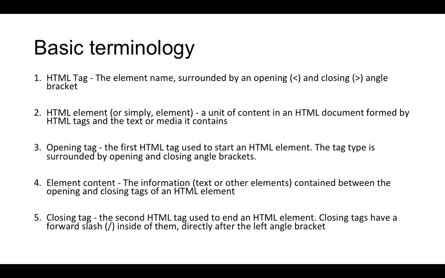We have an opening tag, which is a tag used to start an HTML element, and we have a closing tag, which is used to close the HTML element. The element content is the content in between your opening and closing HTML tags.